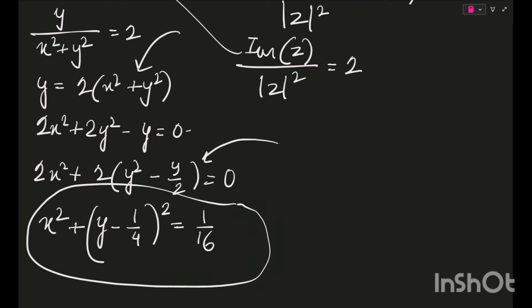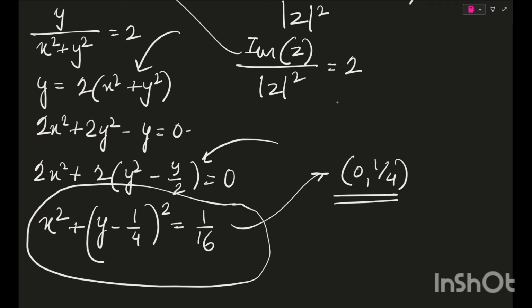And this is proof of the fact that we were wrong in the first place. Why? Because the center of this circle is 0 comma 1 by 4 and not 0 comma 0. This is a very huge mistake that everybody will make. Maybe I took 10 minutes extra in this question, but that is good because many people will make this mistake of taking the specific equation of the circle in the complex plane, mod z equal to r.